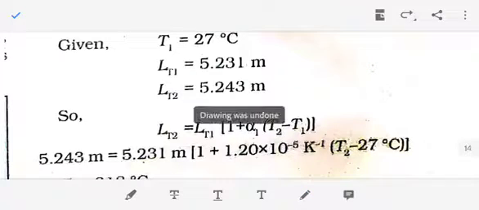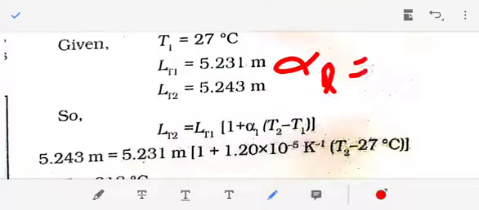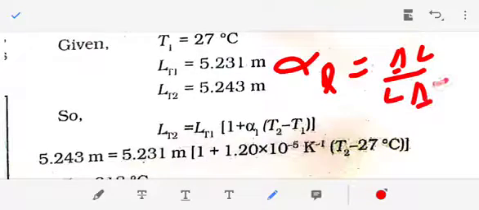What was the formula? Alpha L was delta L upon L delta T, and we want to calculate T2.